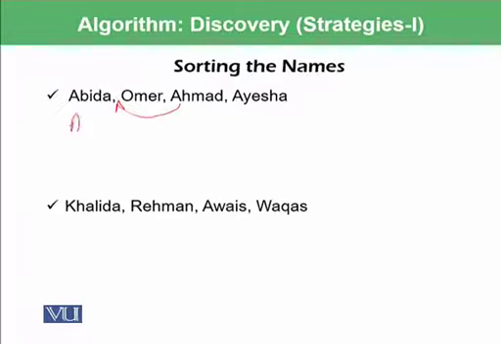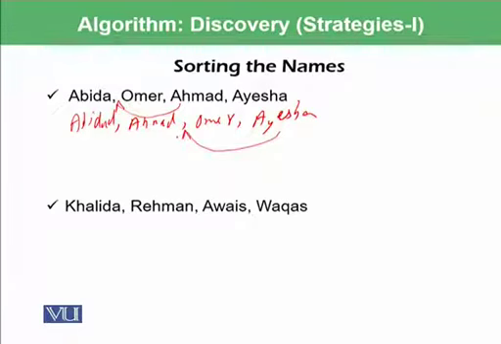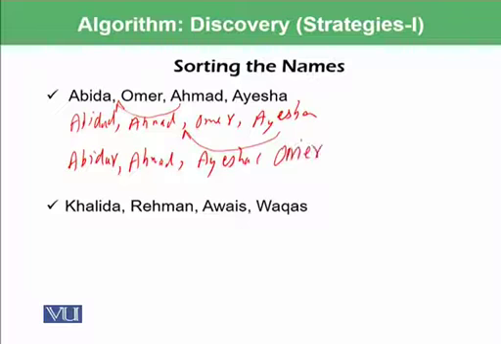So this will become Abida, Ahmad, Umar, and then Aisha. The next step would be putting Aisha between Ahmad and Umar. So this will become Abida, Ahmad, Aisha, and Umar.